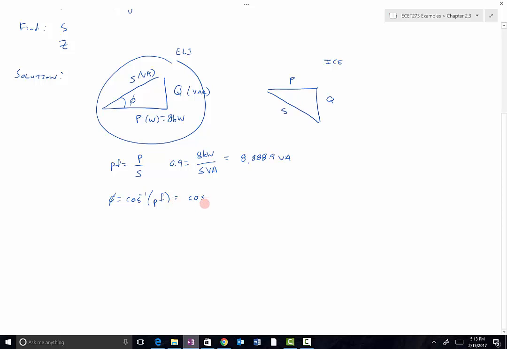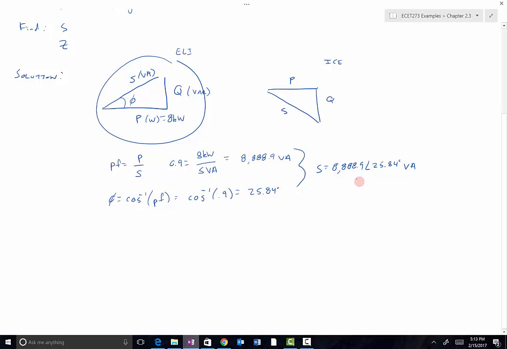And so we take the inverse cosine of 0.9, and we get an angle of 25.84 degrees. That gives us a complex power of 8,888.9 at an angle of 25.84 degrees voltamps. So that's the total complex power.